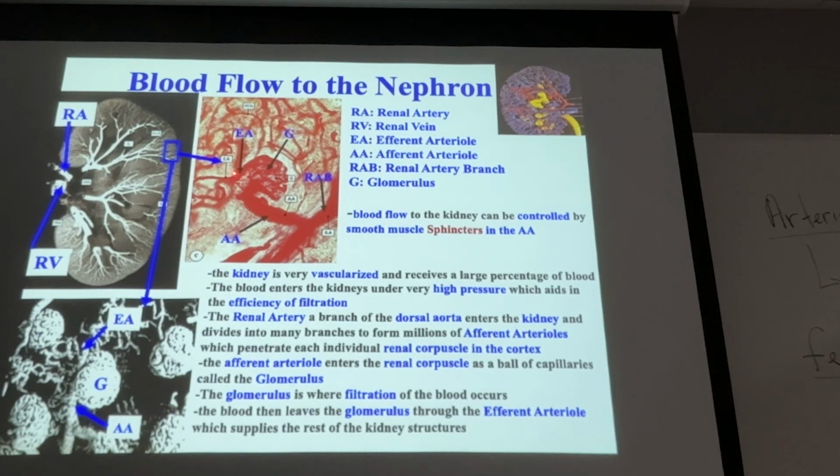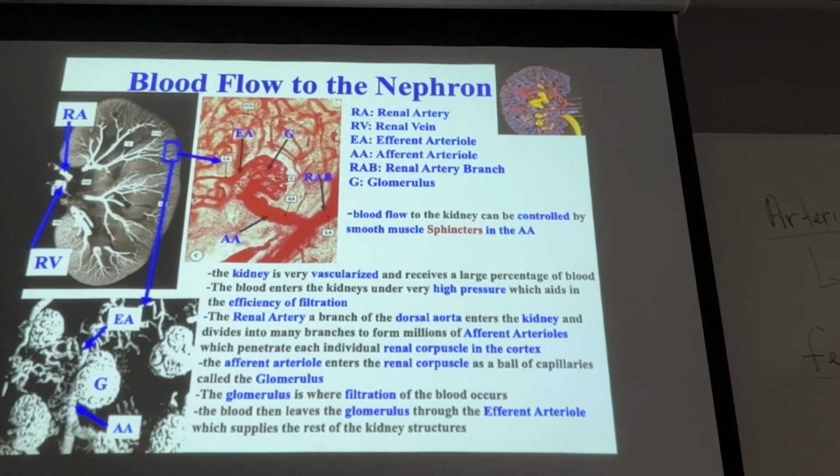And then it drains through a much thinner efferent arteriole, and that efferent arteriole then gives rise to another capillary bed. Now, if you follow the artery up here in this picture into the cortex and zoom in, it'll look like this. This is kind of two-dimensional because this is a picture of one of those casts. You can see an afferent arteriole, an efferent arteriole, and then a ball of capillaries, the glomeruli.